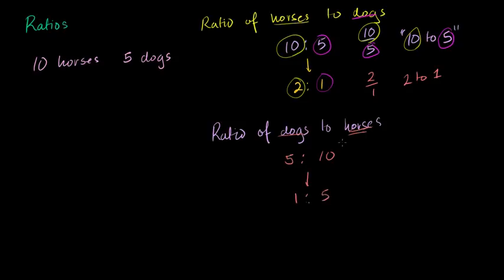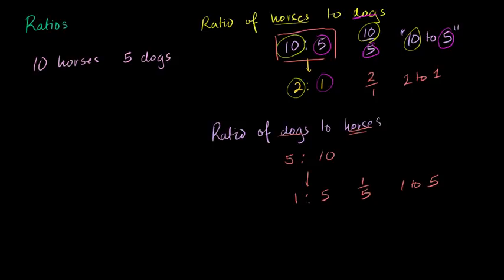So the ratio of dogs to horses is 5 to 10, or 1 to 2. And the general convention, writing 5 to 10 wouldn't necessarily be incorrect, but the general convention is to get your ratio into its simplest, reduced form.